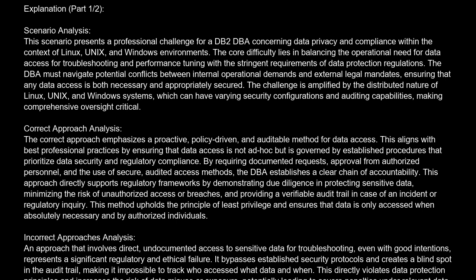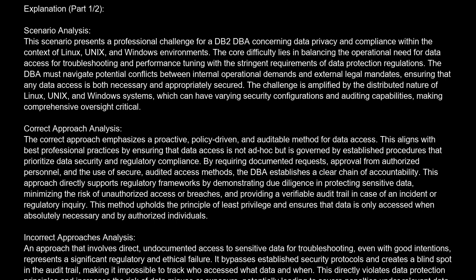This approach directly supports regulatory frameworks by demonstrating due diligence in protecting sensitive data, minimizing the risk of unauthorized access or breaches, and providing a verifiable audit trail in case of an incident or regulatory inquiry. This method upholds the principle of least privilege and ensures that data is only accessed when absolutely necessary and by authorized individuals.